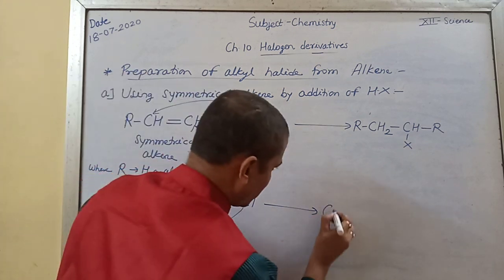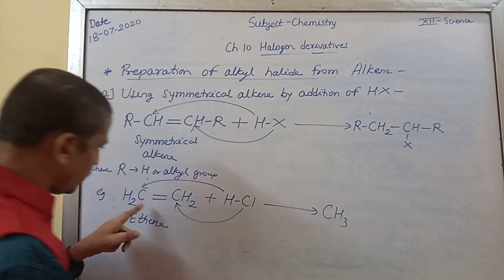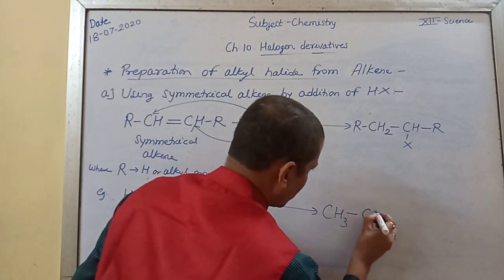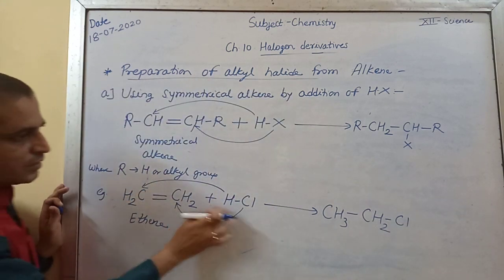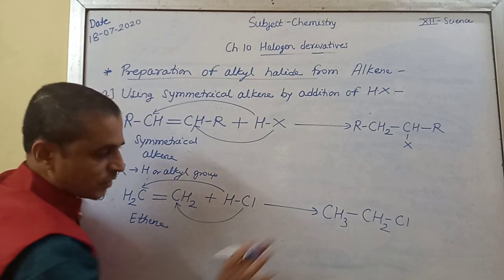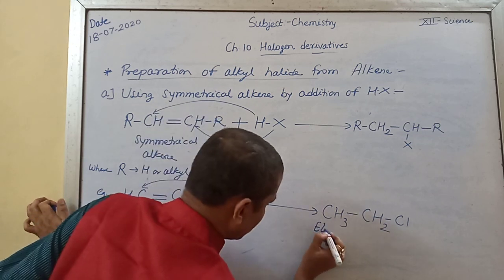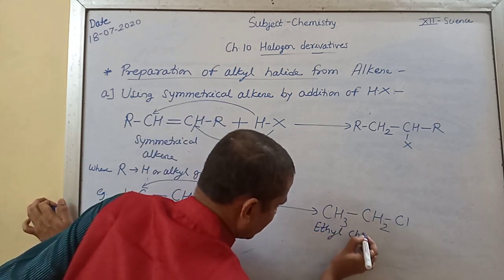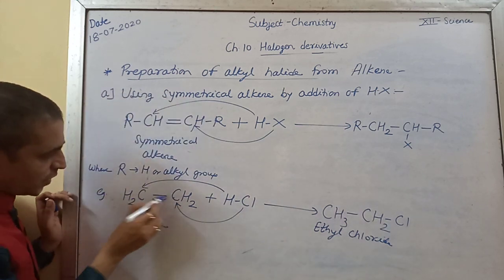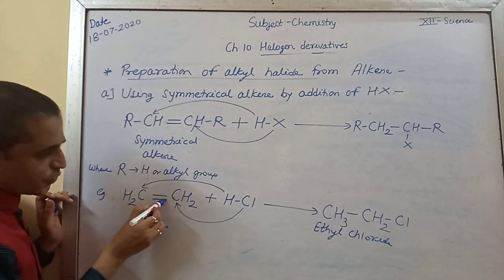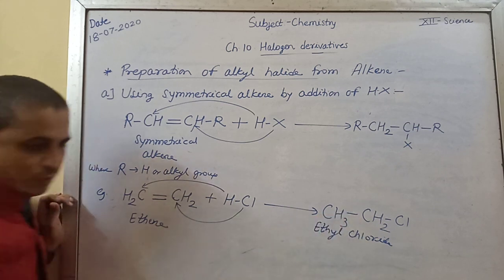So you get CH3, now the double bond becomes a single bond, CH2Cl. If you put HBr, then you get CH3CH2Br. It is called ethyl chloride. Addition takes place at both the carbon atoms, so one bond is reduced. So you get a single bond here.